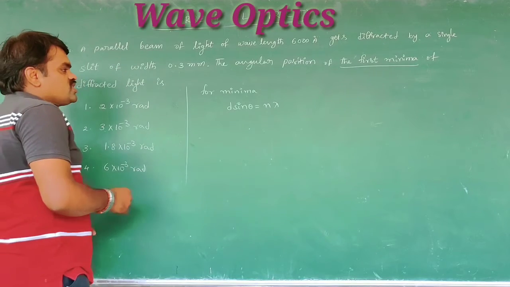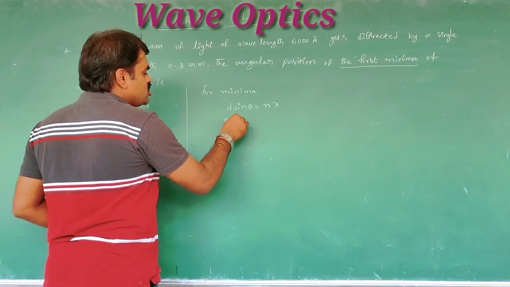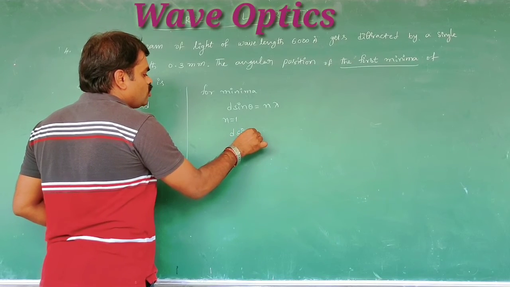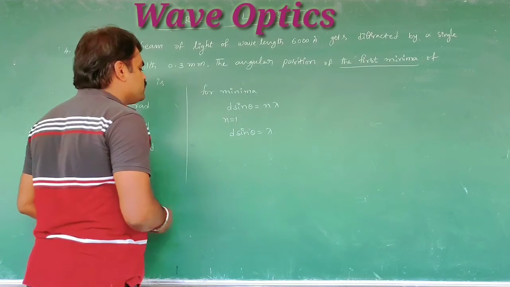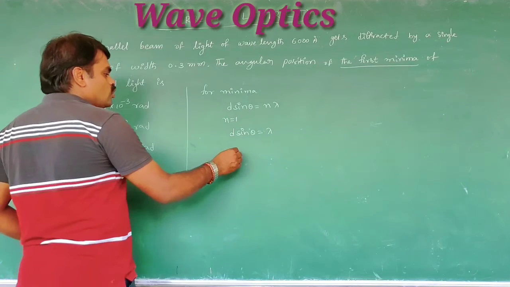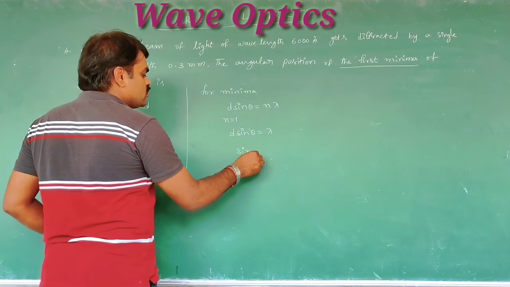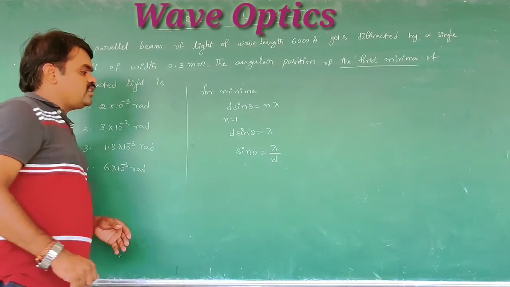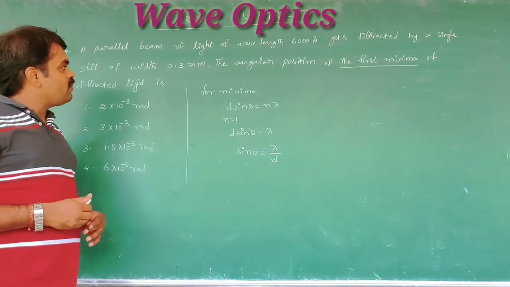For the first minima, n is equal to 1. So d sin theta is equal to lambda. Now sin theta is equal to lambda by d.